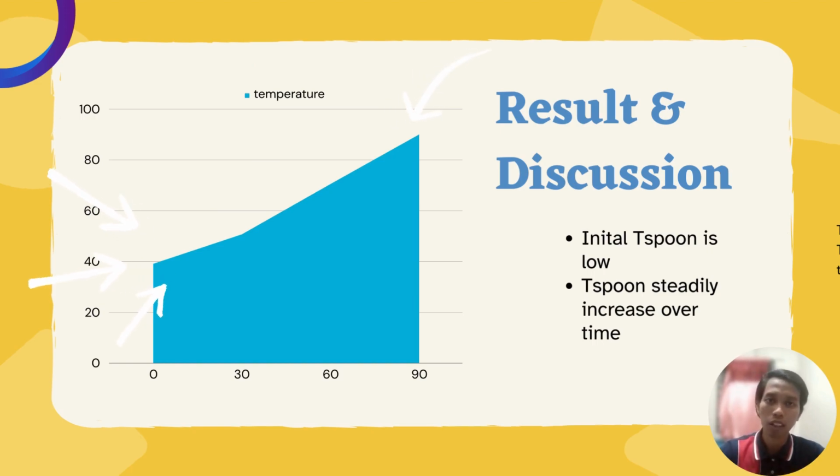As time passed, the temperature steadily increased, showcasing the ongoing process of radiation heat transfer in this experiment, which is the heat transfer from the oven to the spoon. From the pattern in this graph, we can conclude that the temperature increased linearly over time.